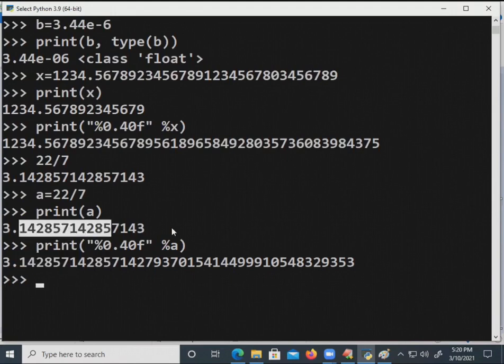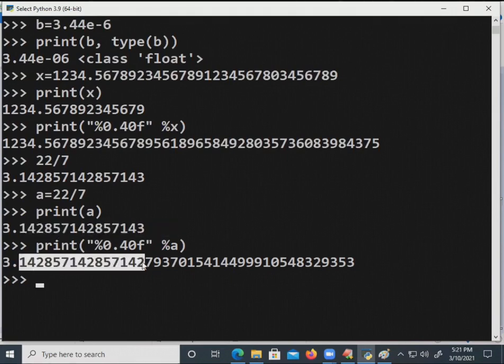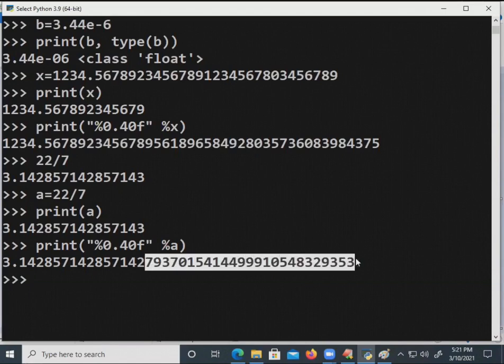Actually, here it is printed up to where? 142. Here it is printed up to 142. After that, this 7, 9 is rounded to 3. I got up to here. But from where are these coming? Are you understanding me? I will explain this in the next episode.